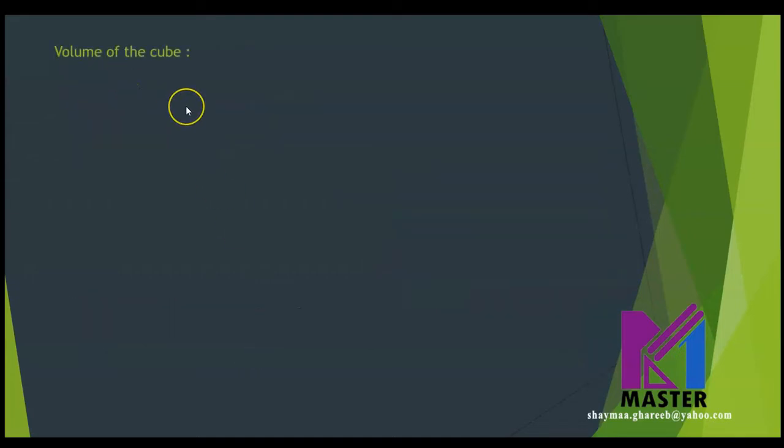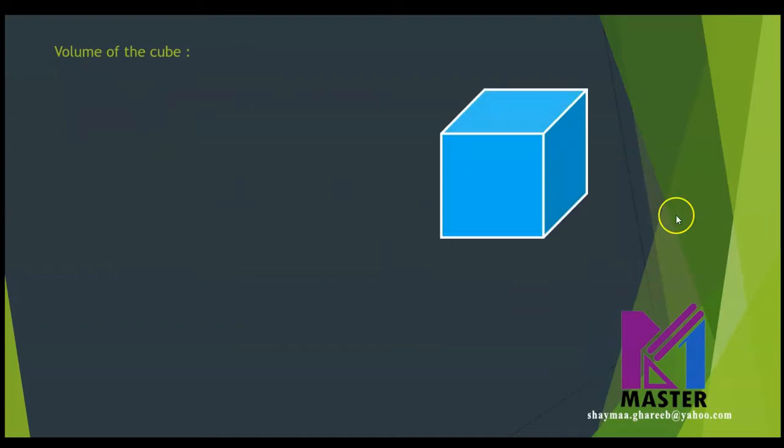Now, let's see the volume of the cube. Here is the cube, as you can see. It also has length and width and height. But there is something different in the cube than the cuboid: all the edges of the cube are equal in length. So the width is equal to the length is equal to the height.